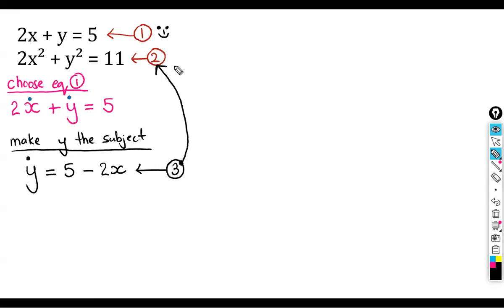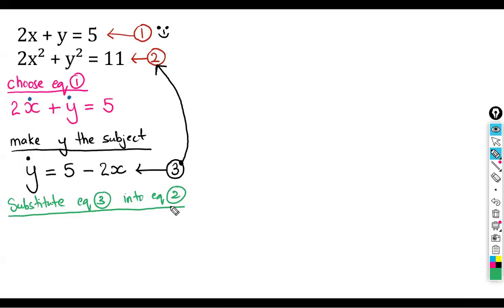But you want to tell the examiner exactly what you are doing. So you put a little statement for him. You're going to say substitute, or you can use put, but substitute is the better word. Substitute equation 3 into equation 2. So you write a little statement so the examiner knows exactly what you are thinking.